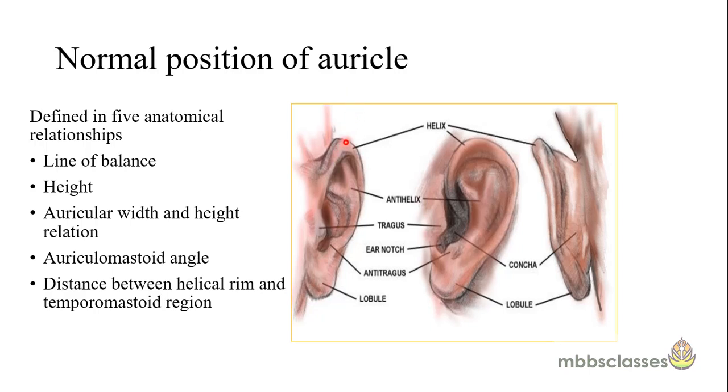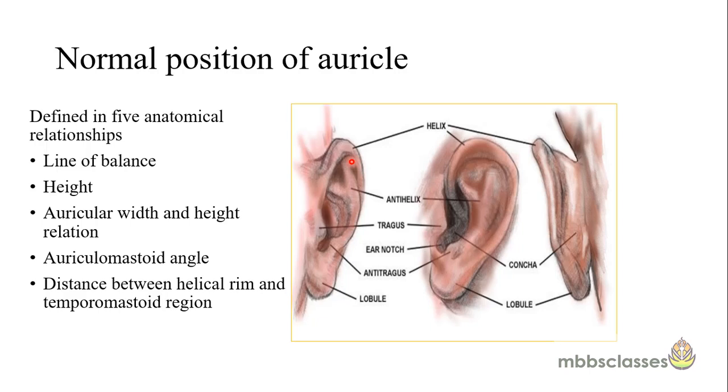In a normal ear, this line of balance makes an angle of about 20 degrees from the vertical line. If we draw an imaginary vertical line and another line through the largest diameter of the auricle, for a normal ear this angulation should be 20 degrees. Next, we have to take into account the height of the auricle.